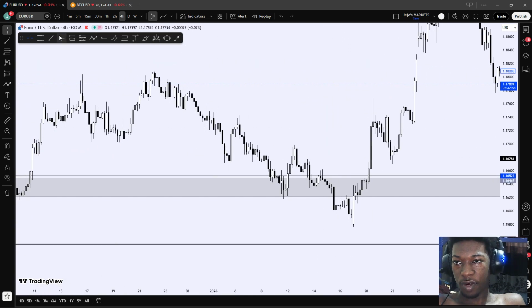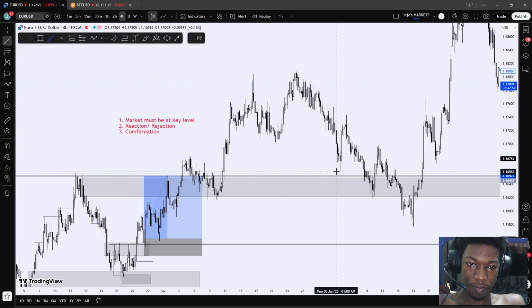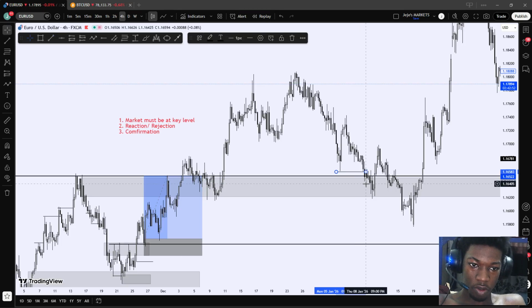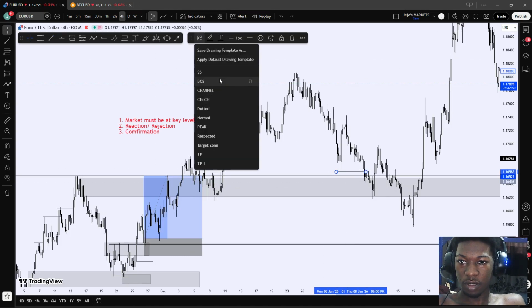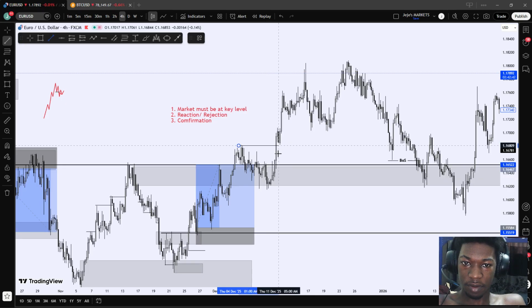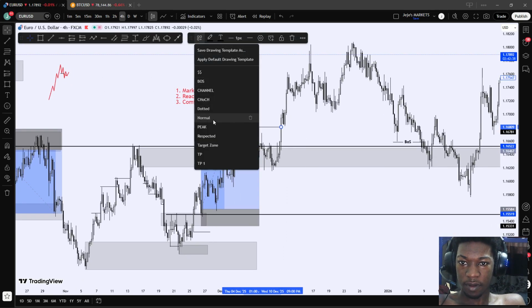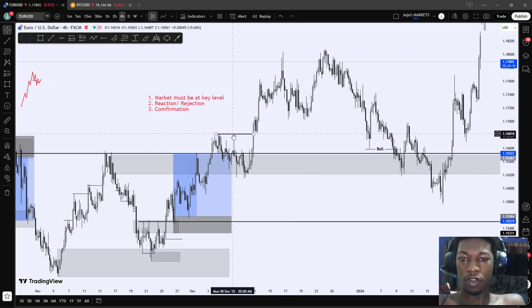Now let me show how to trade this. So we can see the market keeps on breaking structure. Broke structure right there. But before I show you guys that, I'll show you this. So you can see also here the market broke structure right here. The market broke structure right there. Right, so we have a break of structure.